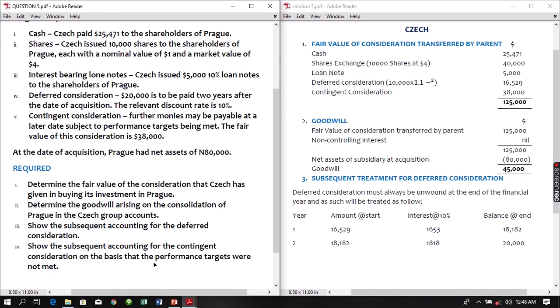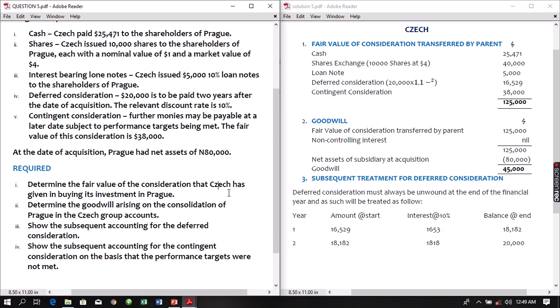So in this case, we are told: what will be the accounting for contingent consideration on the basis of performance targets that were not met? If performance targets were not met, it means that liability will now be classified back as our income, because we are not paying any money again.